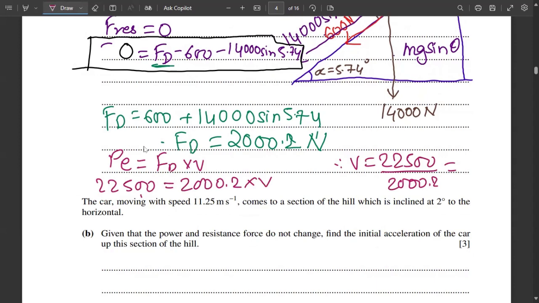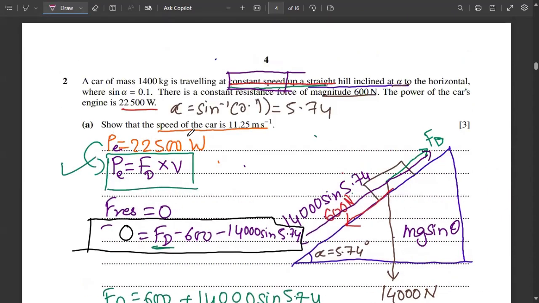If I put that in the calculator, I'll get 11.248249. And so the answer will be 11.25 meter per second. That's what they have asked us. Show that the speed of the car is 11.25 meter per second. That means if the car is traveling at a constant speed, the speed at which the car will travel will be 11.25 meter per second.